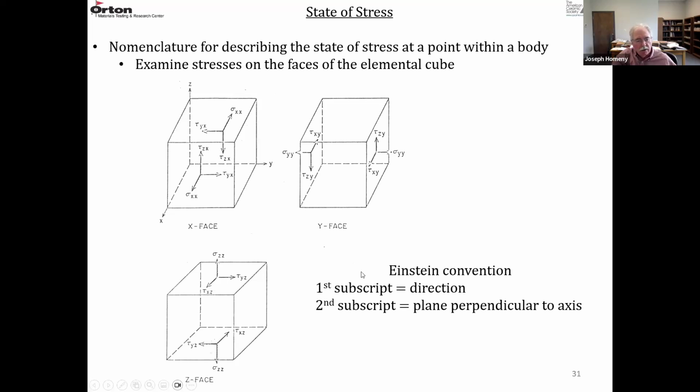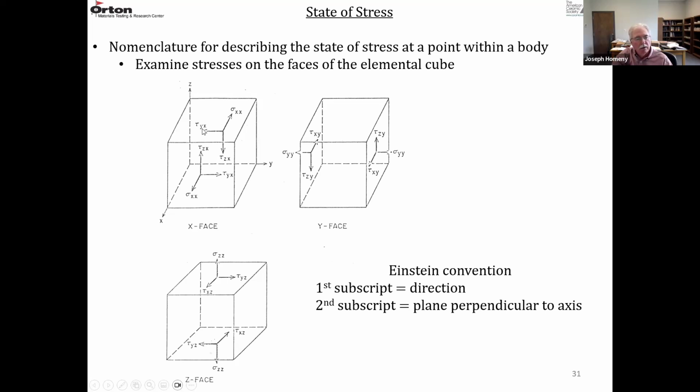So I thought I'd just give a little background information on how you describe the state of stress in a body. And we'll start out with a cube here, an elemental cube, and we'll examine the stresses on the face of the cube.